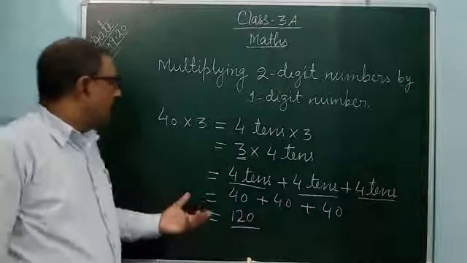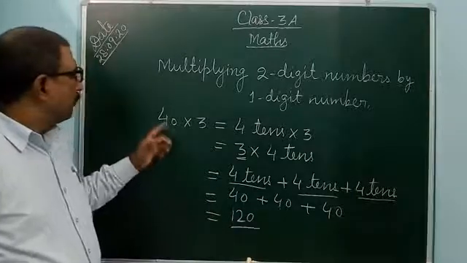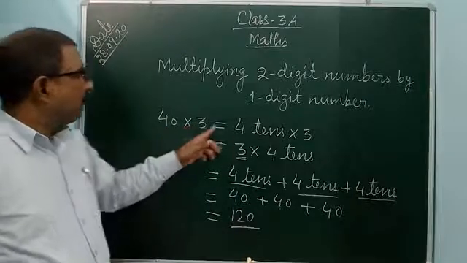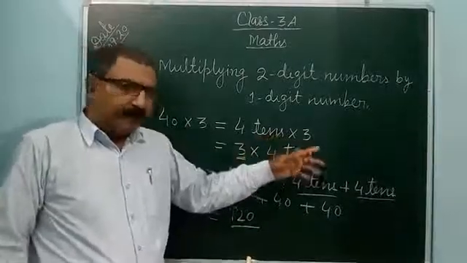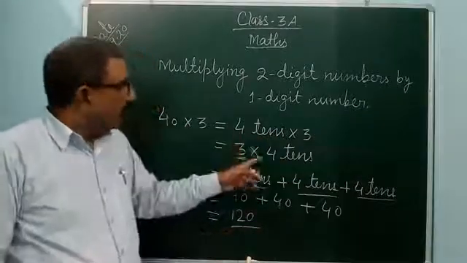In this way, you can understand 40 multiplied by 3 means 4 tens multiplied by 3, the same as 3 multiplied by 4 tens.